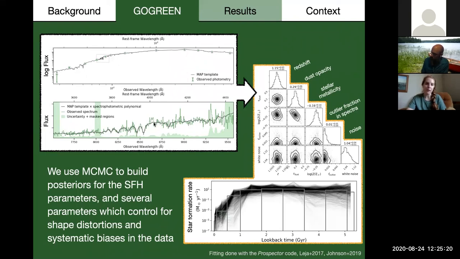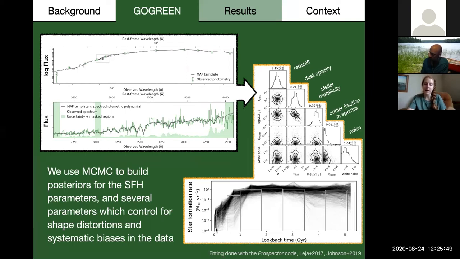What's shown here in this black line is the best fitting template, or the maximum a posteriori template, which fits our data well. And then doing this with MCMC, we can build posteriors for all of our parameters, where we include things like redshift, dust opacity, stellar metallicity, as well as a few parameters which control for systematics in our data. But what we're primarily interested in is recovering the star formation history of this galaxy.